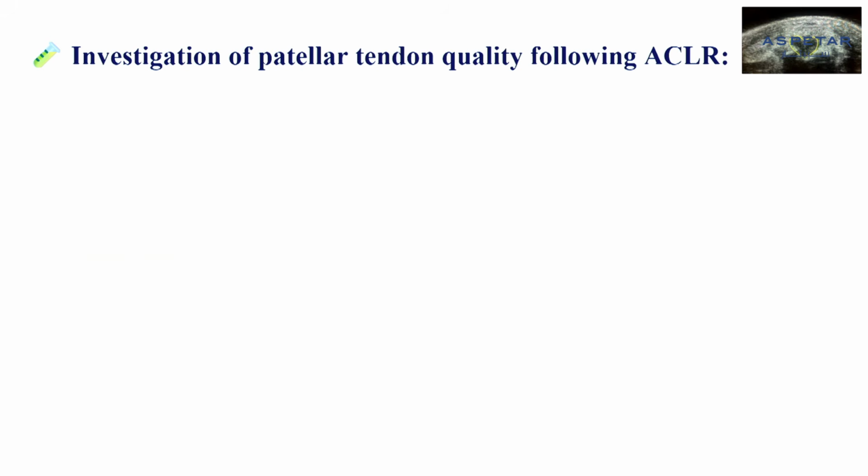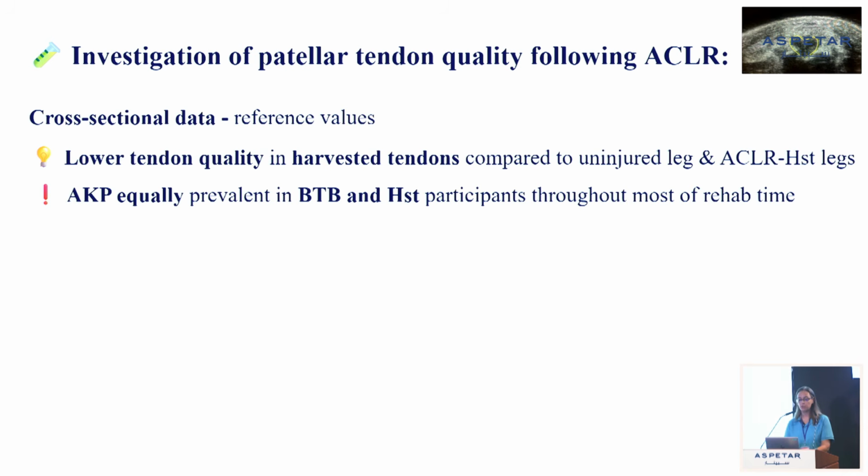When we saw the patellar tendon following the reconstruction, we saw lower tendon quality in harvest tendons in comparison to the uninjured leg and hamstring legs, and that anterior knee pain is equally prevalent in BTB and hamstrings throughout most of the time.